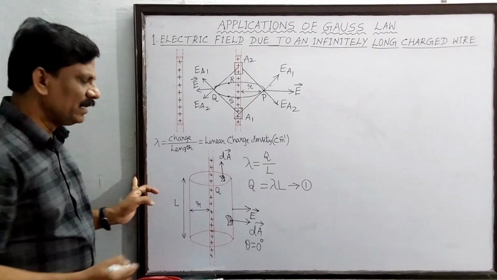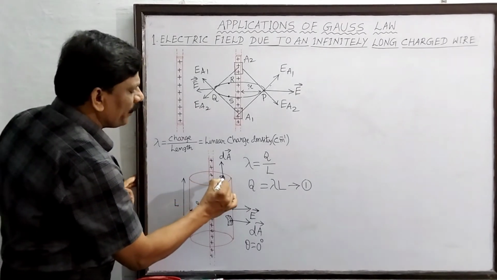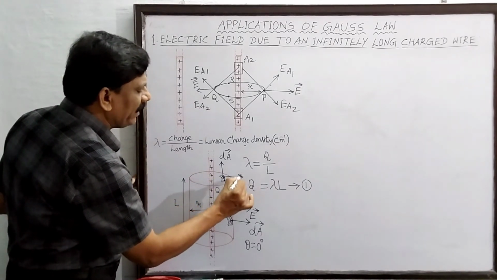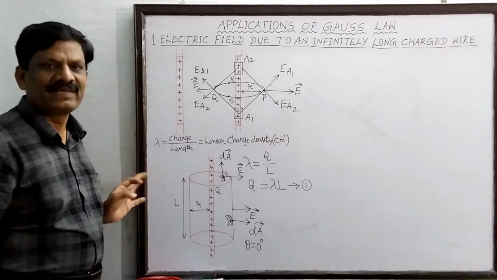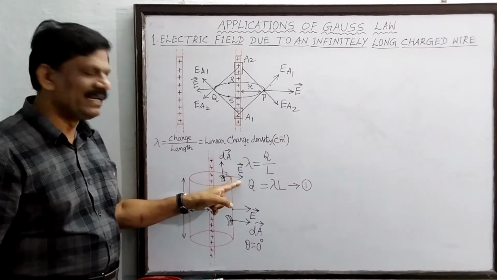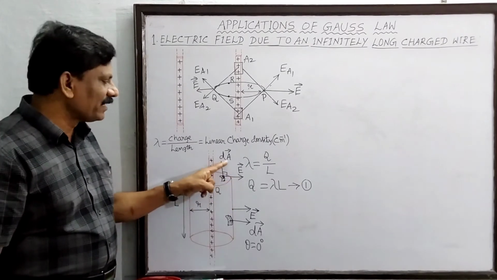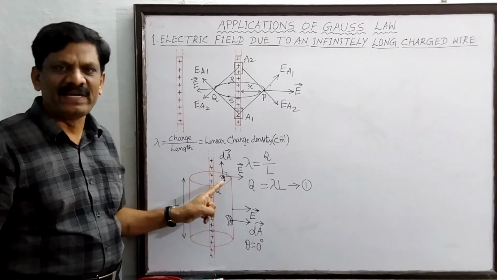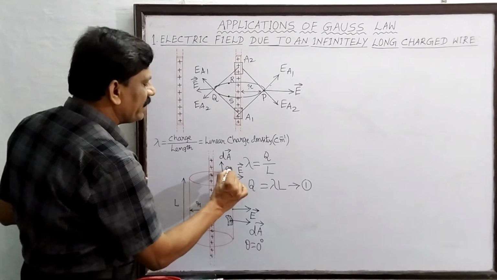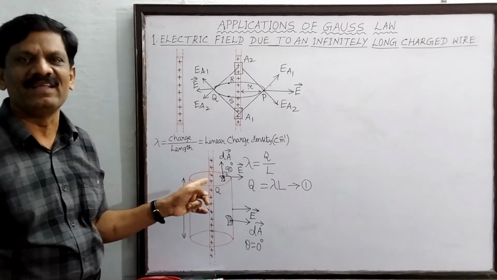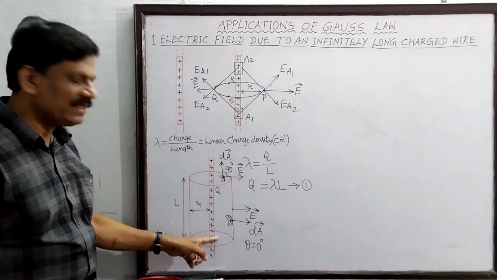But you see that due to the positive charge, the direction of the electric field will still be perpendicular to the length of the wire. Can you see that? The direction of the electric field and the direction of the area vector are perpendicular to each other. So what is theta here? In this case, theta is equal to 90 degree.